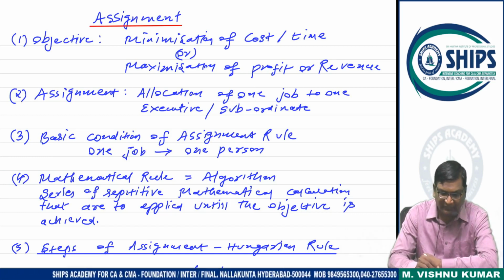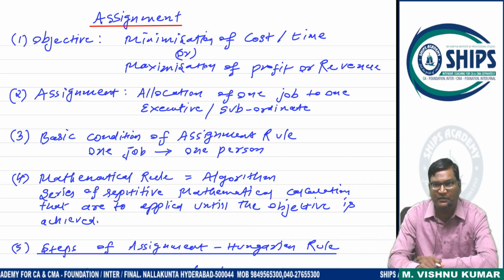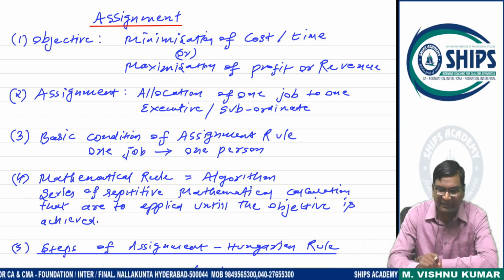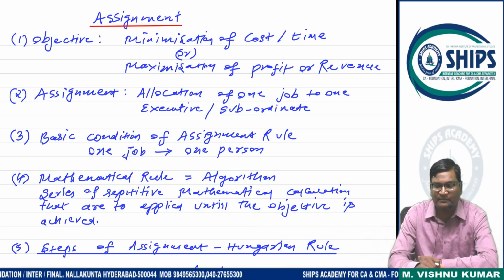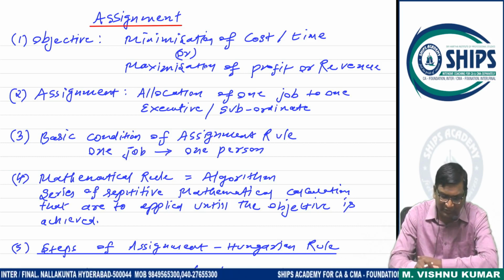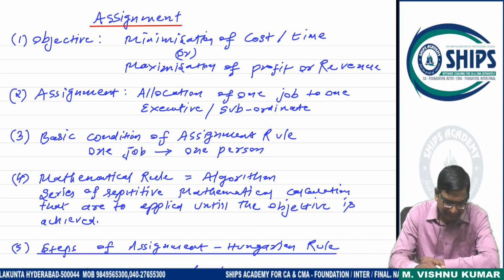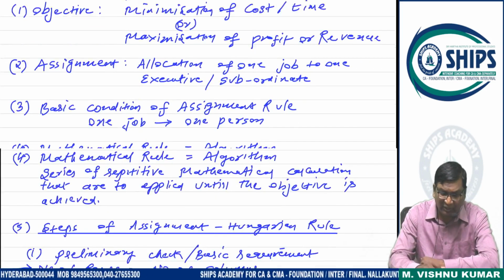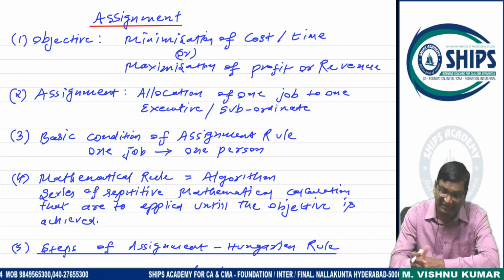Okay? If two jobs are given to one person, assignment is not applicable. If one job is given to one worker or one worker is doing one job, assignment is applicable. Clear? If this rule is broken, assignment is not applicable. Finish. Clear? It means if assignment is not applicable, the Hungarian mathematician's method will not be applicable here.